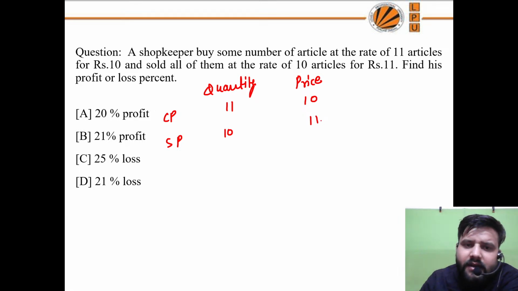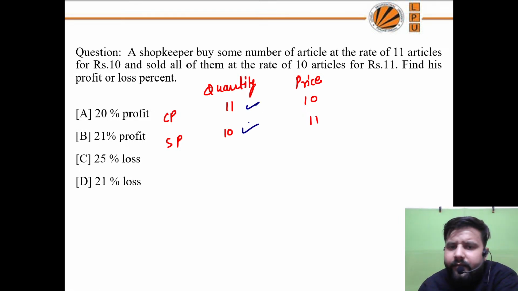Now when such a question comes, when the quantity is not the same, you have to make the quantities equal first. How to make quantities equal? You will try to make them equal by multiplying by a number. So how would you find the number? First of all, calculate the LCM of the quantities. LCM of 11 and 10 is 110.